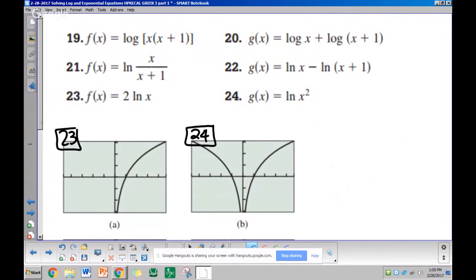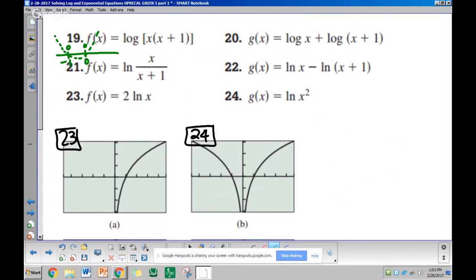This one here, x times x plus 1. Let's do a sign chart for this one, for number 19. When is the argument equal to 0? 0 and negative 1. And what kind of function is that in the argument? It's a quadratic, yes, Mark, you're right, quadratic, and it opens up.